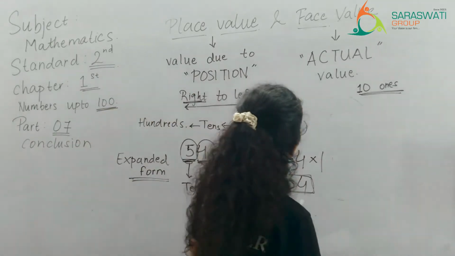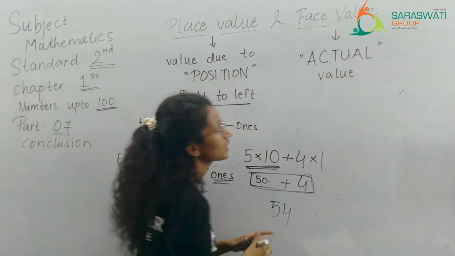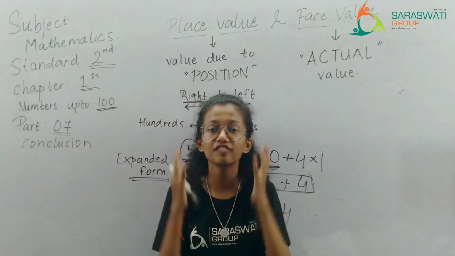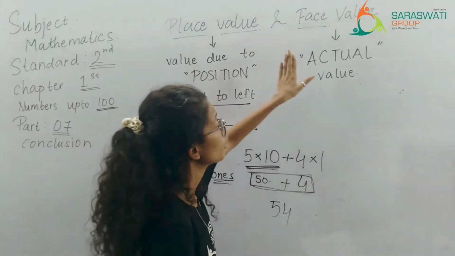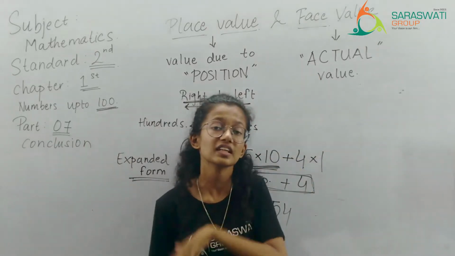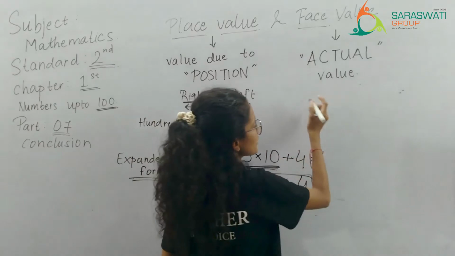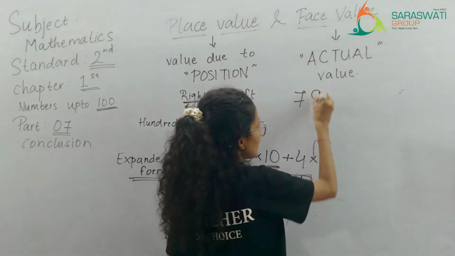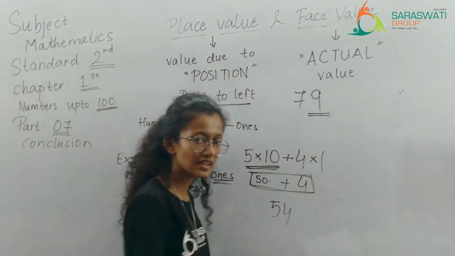Now if I talk about the face value, then face value is the actual value, the value on the face. Here position doesn't matter. No matter which position the number is in, the face value remains the same. If I take the number 79, then the face value of 9 remains 9.